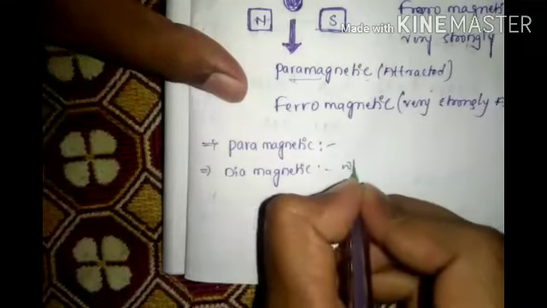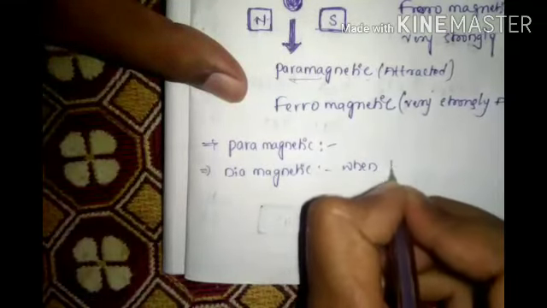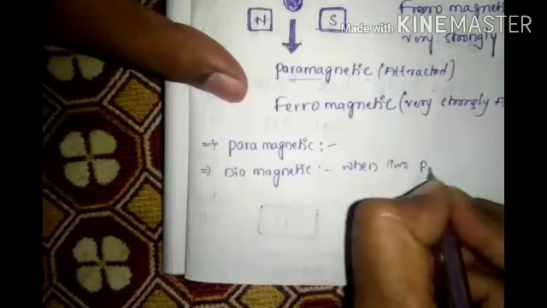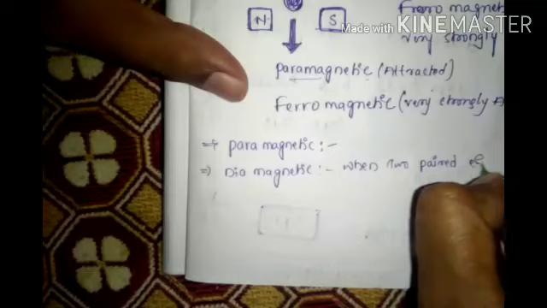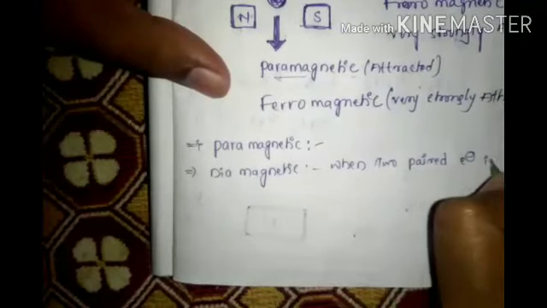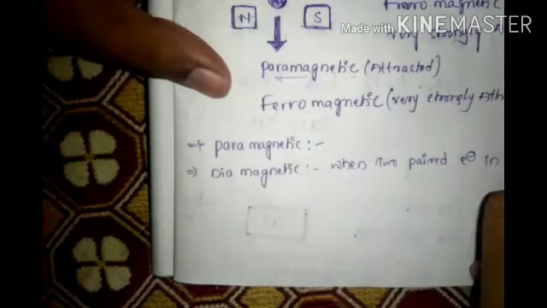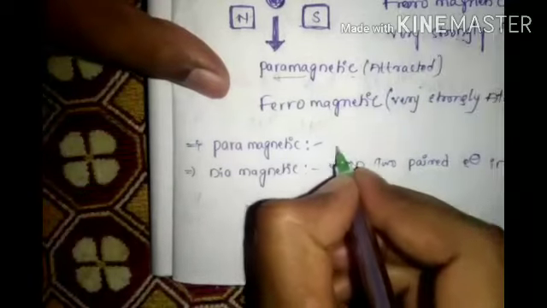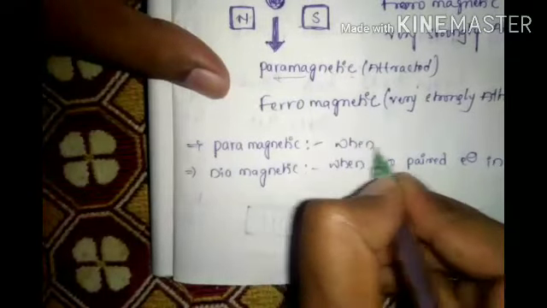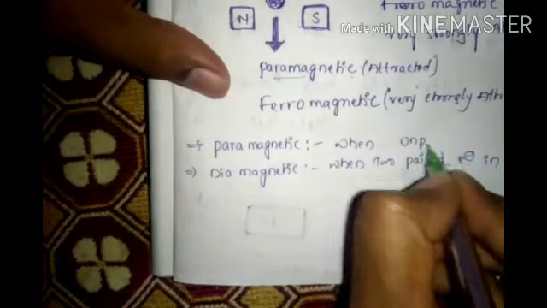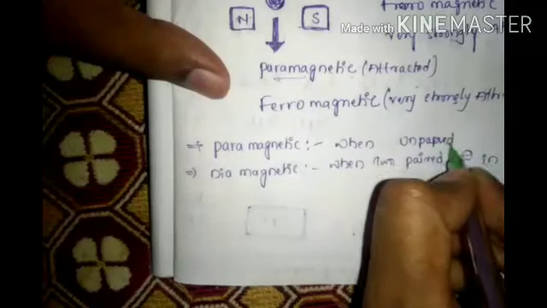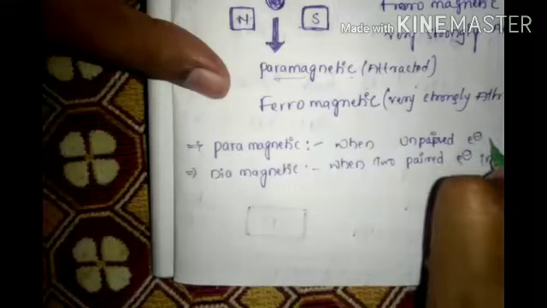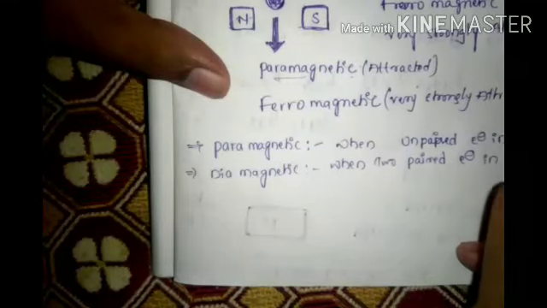When there are two paired electrons in a shell. When there are unpaired electrons in a shell.